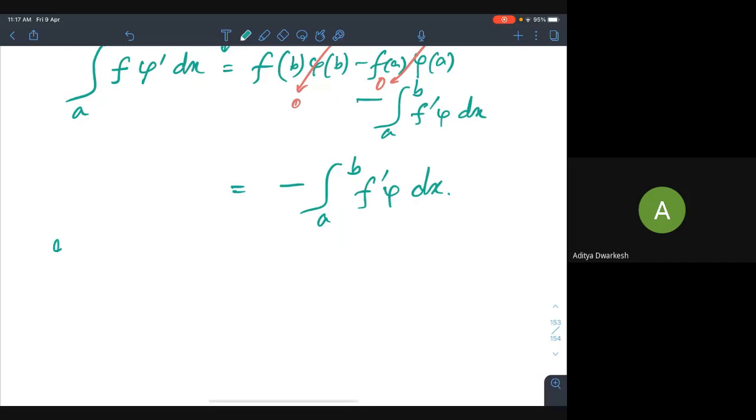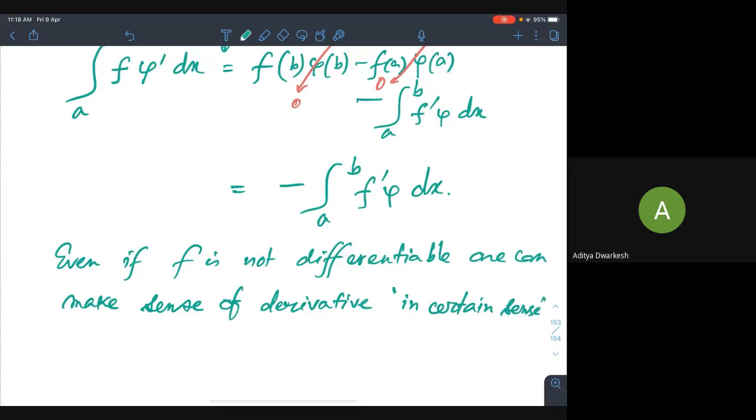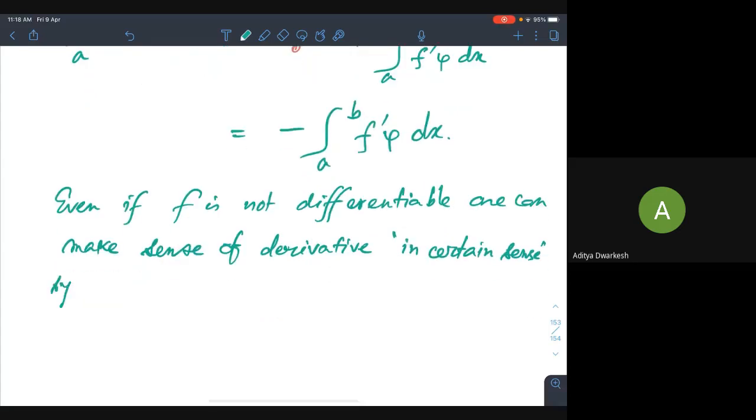So even if f is not differentiable, one can make sense of derivative in a certain sense, not usually the classical sense, by the following equation.